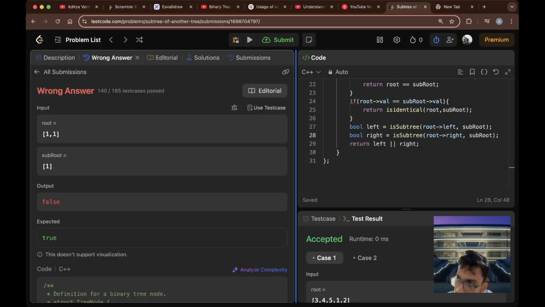Roots right. Roots left would be true, yeah.